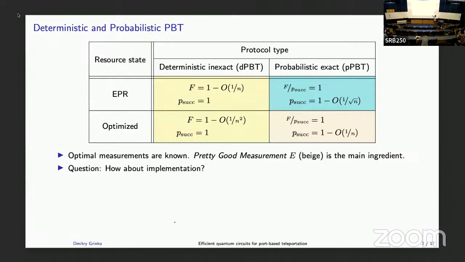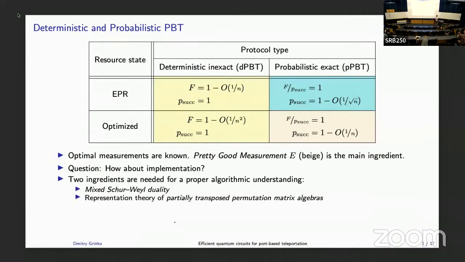As I said, the analytical calculation was done some time ago, and the question is how to actually implement this. In order to answer this, we need two main ingredients. We need to understand mixed Schur-Weil duality, which is a generalization of standard Schur-Weil duality, and the representation theory of the partially transposed permutation matrix algebra.